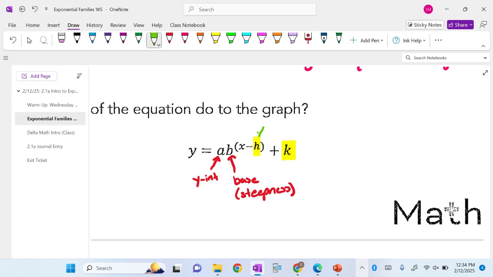What does your h value control? What did we just say it controlled? How it goes left and right. So your h value just controls whether it goes left or right. Now, your k value controls whether it goes up or down, but it also controls what?